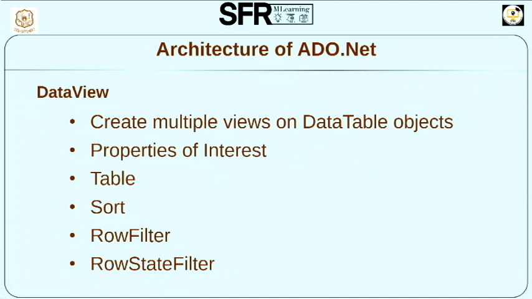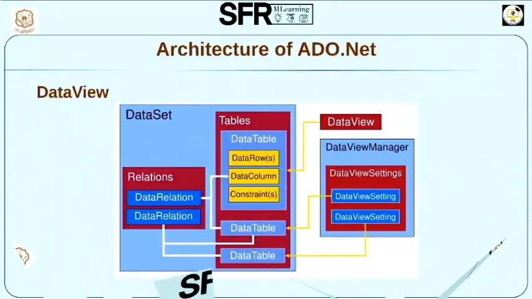Row filter is used to get or set the expression used to filter rows. Row state filter represents the state filter used on the row. This is the data view architecture. Here we have a data view manager which has data view settings. In these data view settings, we can sort and filter the datasets.